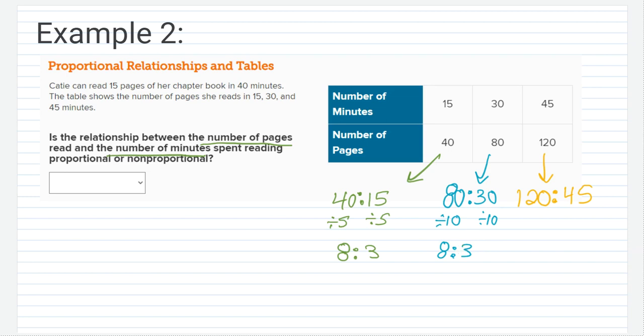And then for this last one, we can divide both of these by 15. If you didn't see that you could divide both of them by 15, you can always start with something smaller like 5 and work your way down to that most simplified ratio, which in this case does turn out to be 8 to 3. So because all of those ratios are the same, that ratio is maintained throughout this table, we can conclude that this is a proportional relationship.